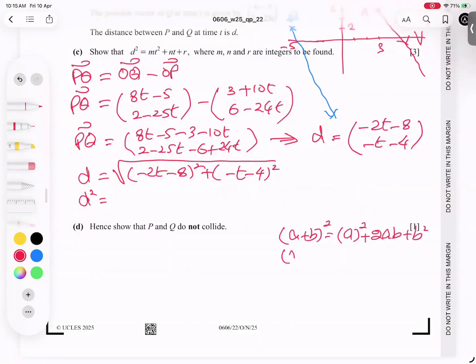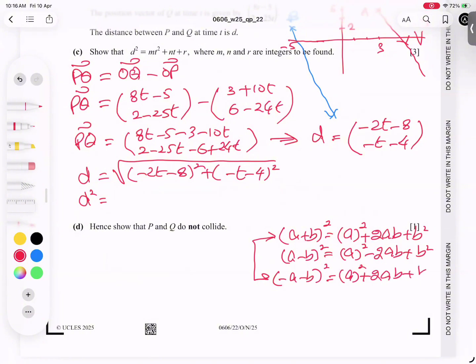But in case of a negative in the middle, only one negative comes, that is with 2. But for the sake of understanding, if both values are negative, it behaves like the top one. So they are basically the same. It means first term square plus 2 into first term, second term plus second term square. So I'm applying it because both signs are negative.